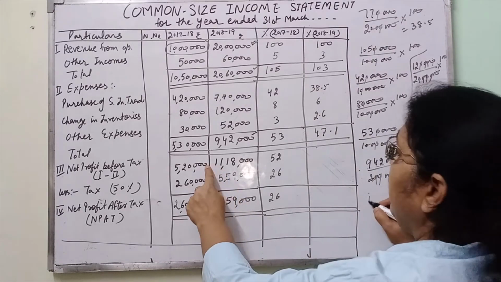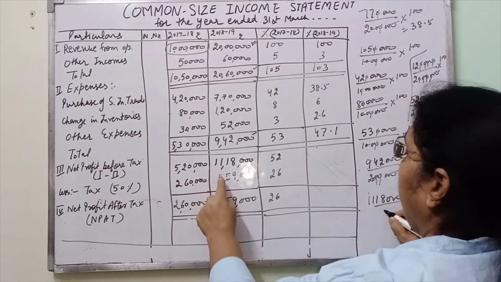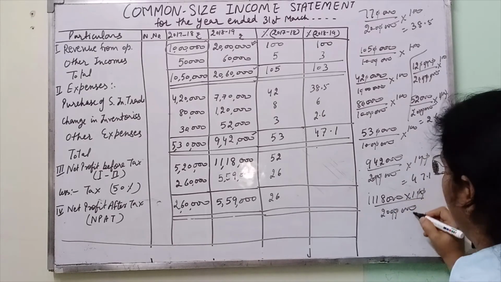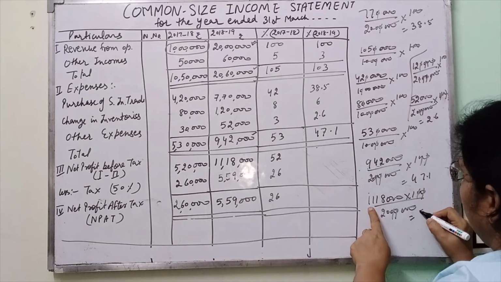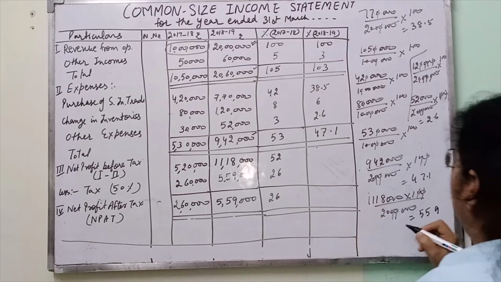Clear? Now 11,18,000 multiply by 100 divided by 20 lakh. It comes to 55.9%.